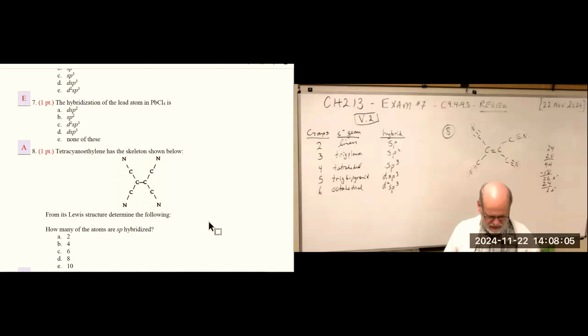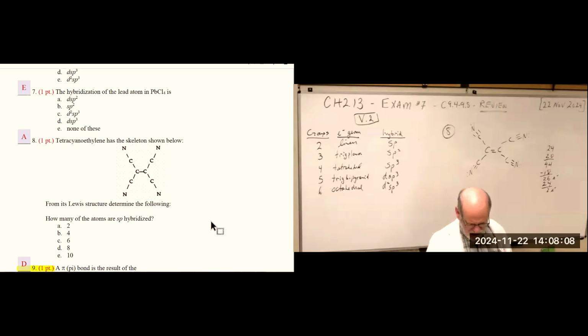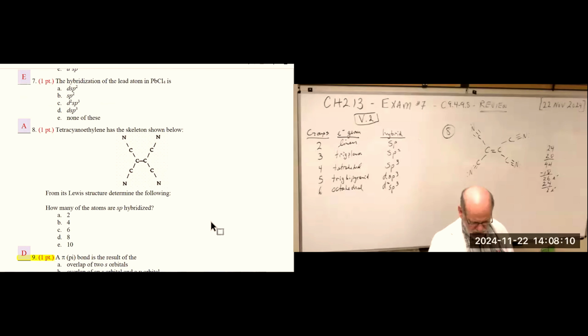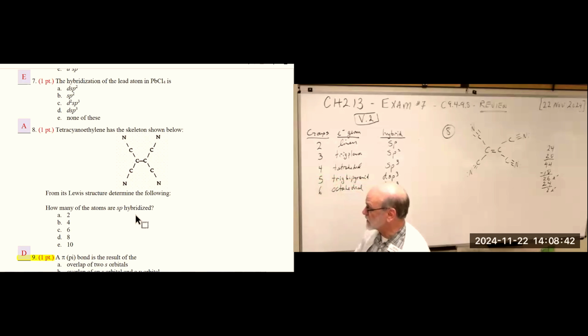How many of the atoms are sp hybridized? Why does it say A? That's an error. I think it meant to say how many are sp2 hybridized. Did I make that correction in your copy? Because this is an old key. It should be eight. See, 8 are sp hybridized.